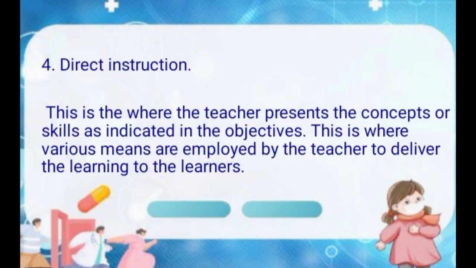Number four, direct instruction. This is where the teacher presents the concepts or skills as indicated in the objectives. This is where various means are employed by the teacher to deliver the learning to the learners. So the teacher uses explicit teaching techniques to teach a specific skill to their students.